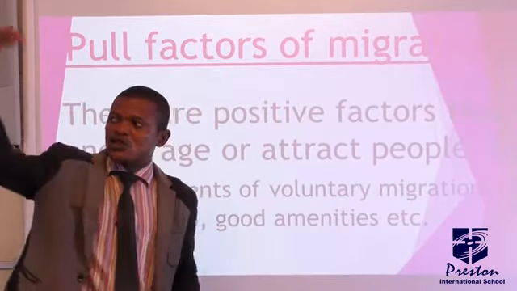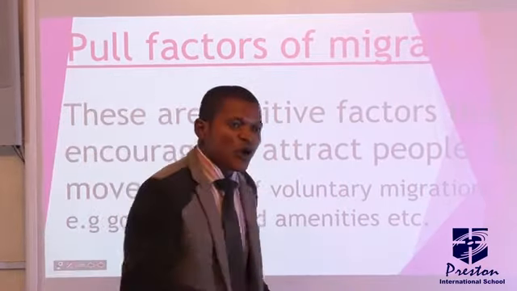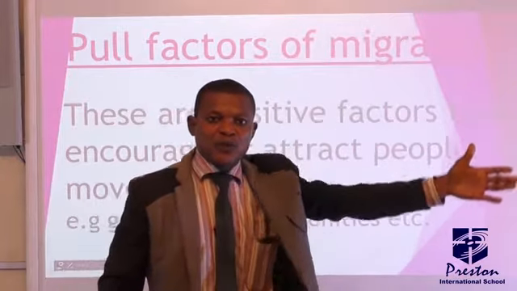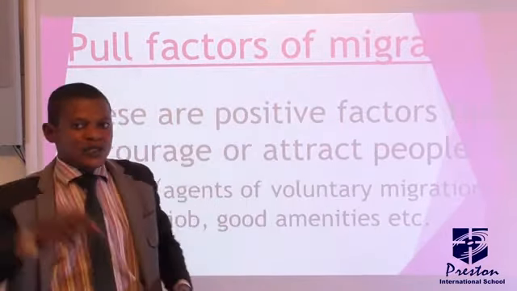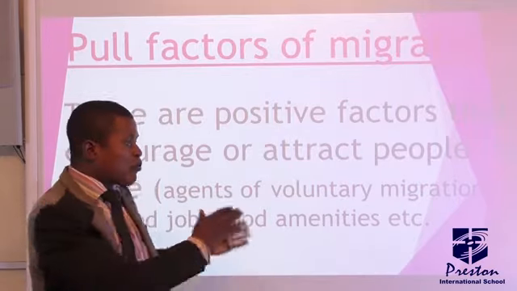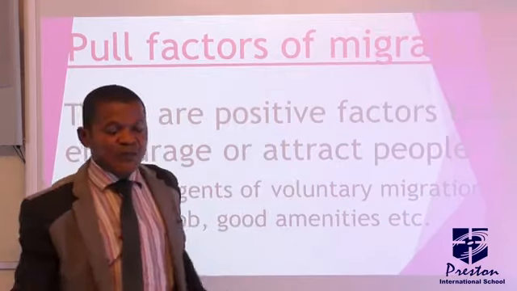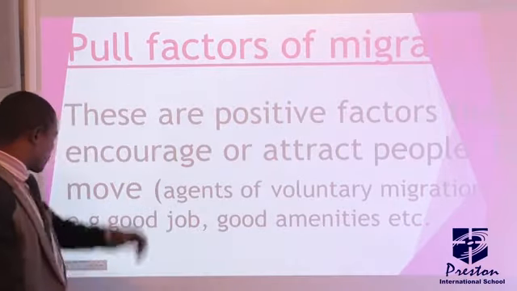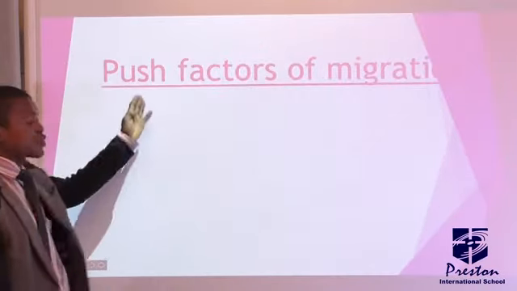Because you have heard of the availability of a job and good pay in a particular place like Lagos, for example, you'll be encouraged to move to that place. That factor that moves you from your place to that location is called a pull factor.